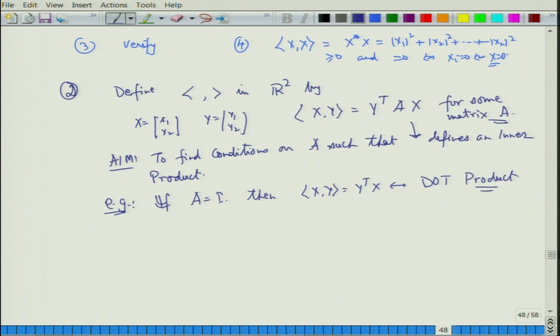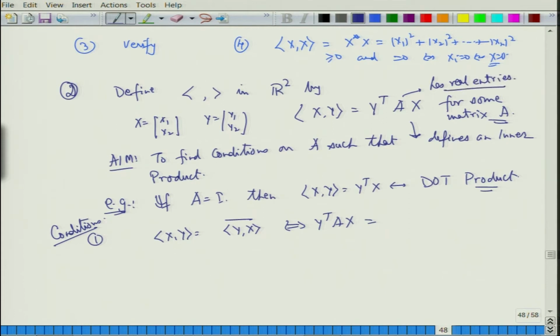So what are the conditions we need? The first condition we need is that <x, y> should be equal to the conjugate of <y, x>. Which is the same thing as saying that <x, y> is y transpose A x, and I am taking A to be real. So A has real entries.